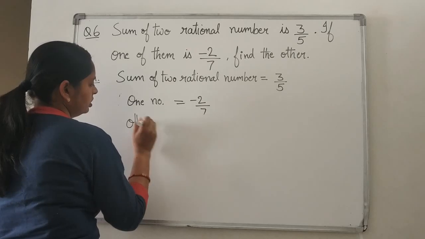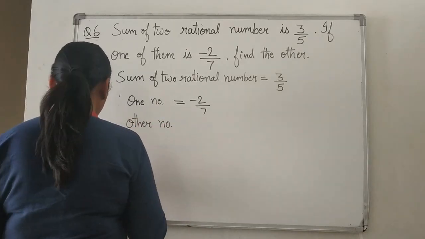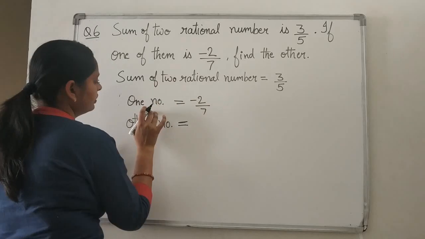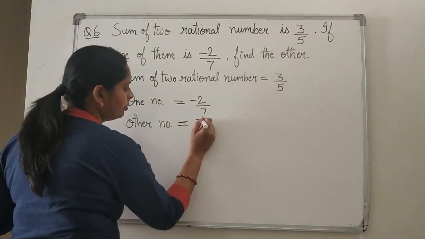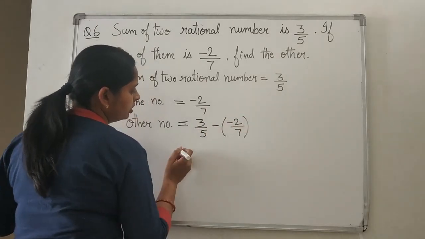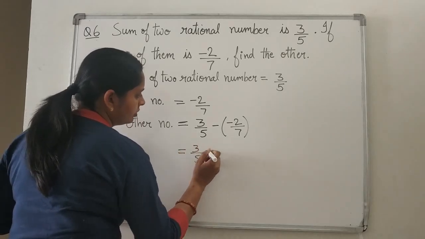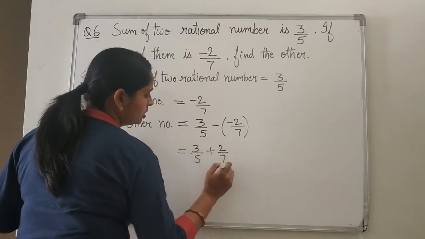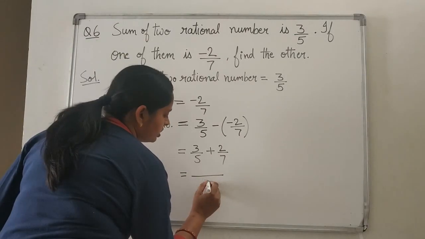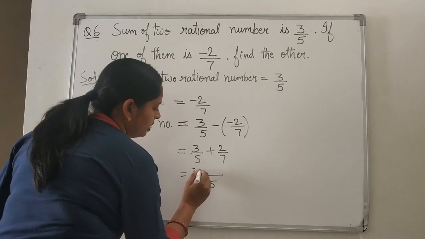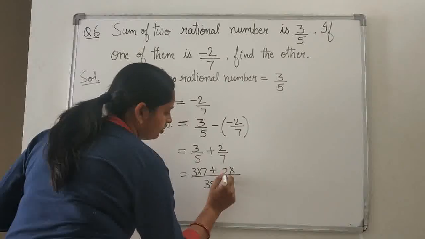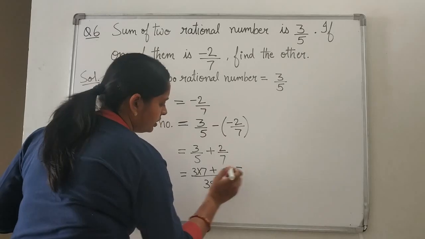So the other number will be equal to, always when we have the sum and one number and the other number has been asked, we always subtract the one number from the sum. So 3 upon 5 minus minus will go for plus 2 by 7, and this will be equal to, LCM will go for 35. 3 multiplied by 5 7s are 35, so 7 we need to multiply, plus 2 into 7 5s are 35, so 5 we need to multiply.